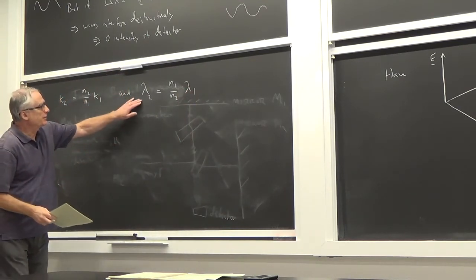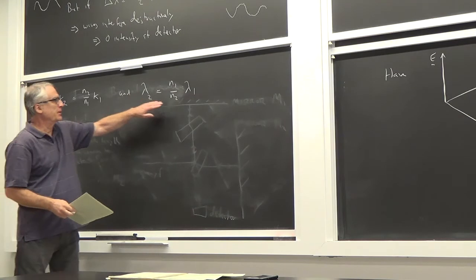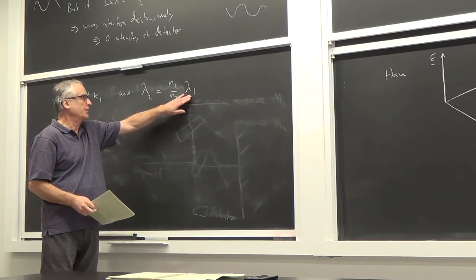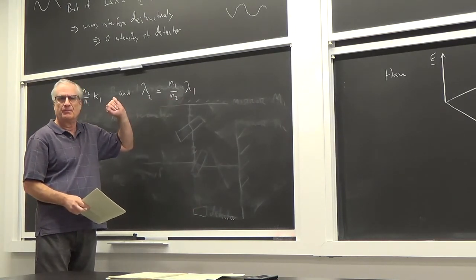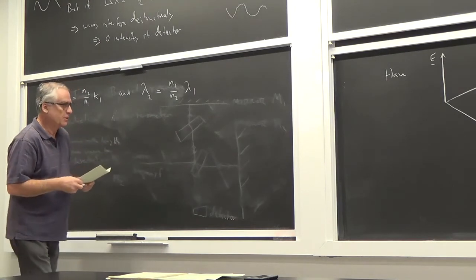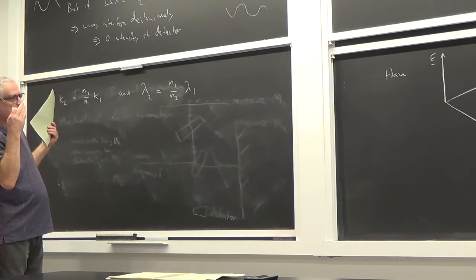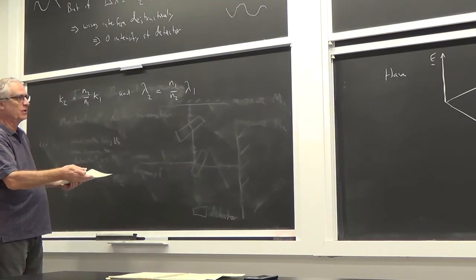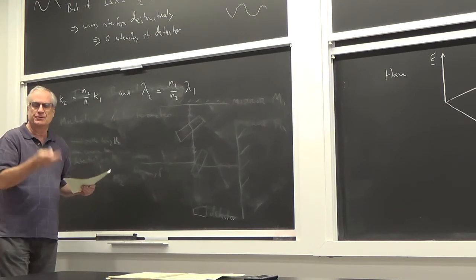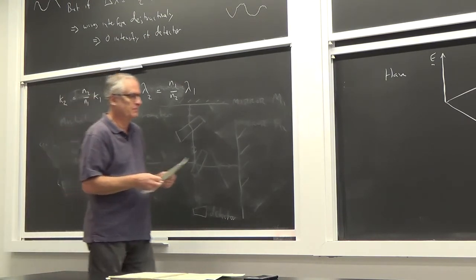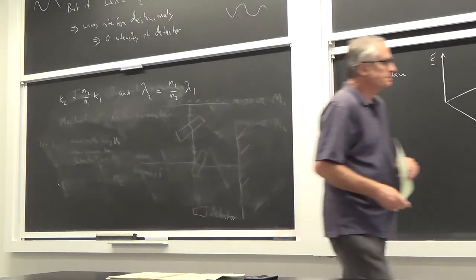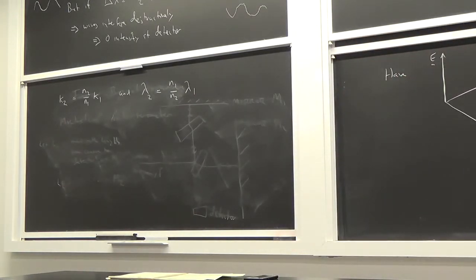So the wavelength in region 2 is going to be less than the wavelength in region 1, assuming n2 is bigger than n1. So if n2 happens to be 2 and n1 happens to be 1, the wavelength in region 2 is half of the wavelength in region 1. So let's see, what happens?